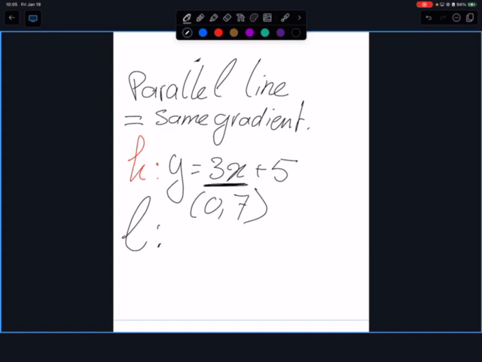Since it's parallel, it means it has the same gradient. 3x, it goes through 0, 7, meaning 7 is the starting point. That's the gradient. These are the easiest questions there is. They are in paper ones.